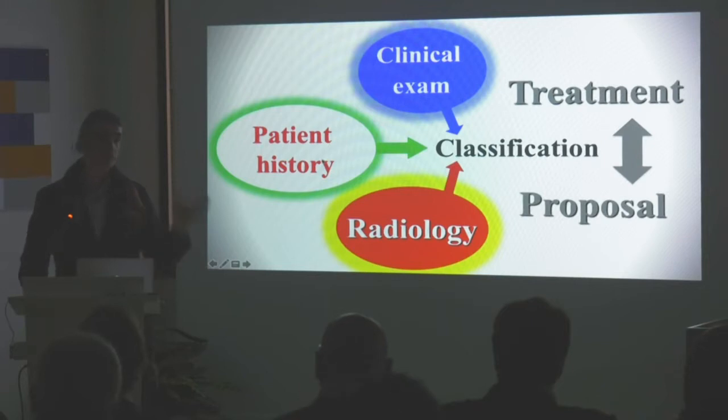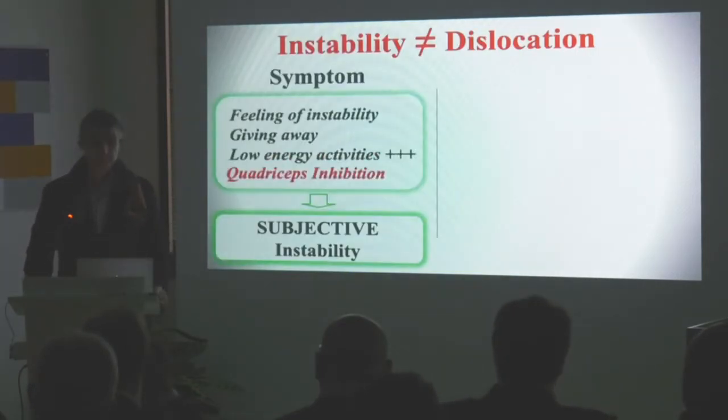And then what is the most important to know is the radiology, because if you know the radiology, you will be able to say exactly that your patient had a patellar dislocation. Then you go to the classification, and then you will be able to give a proposal for a treatment.